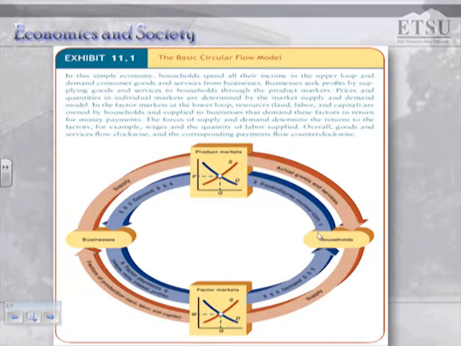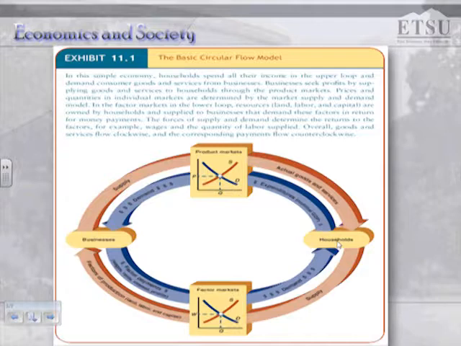So there are people in both of these bubbles here, and they are the same people interacting with one another in their different roles. So this is all nice and neat with a nice little circular flow with two kinds of decision makers and two kinds of markets. Obviously this gets complicated a bit.